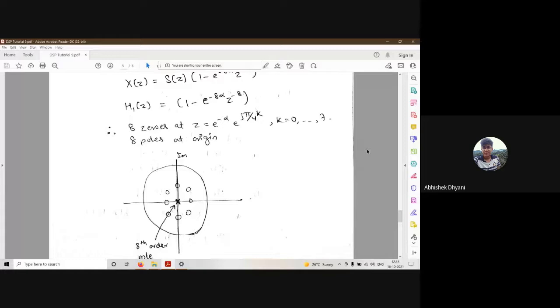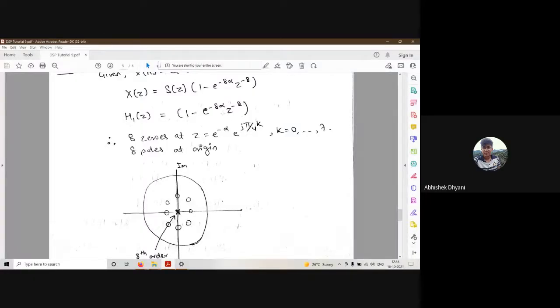Another thing you can note is that if it was the reverse, if there were only poles and no zeros, then we would assume there are an equal number of zeros at infinity. We have to take this assumption that the number of poles and zeros are equal, and that is why we have done this.